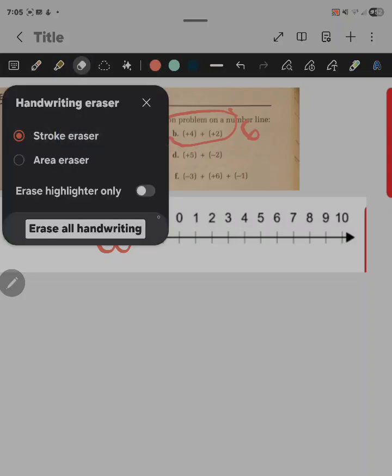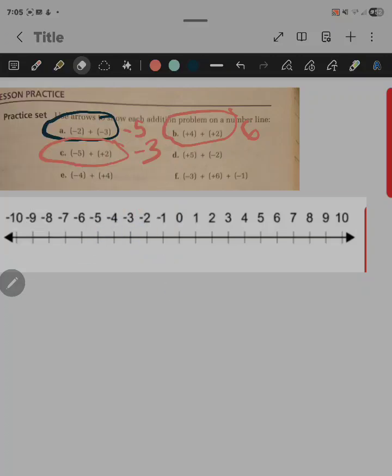Let's go ahead and go on to letter D. So we're going to start out at +5, and we're going to add -2. So again, whenever we add a negative, we move to the left. Okay, so we're going 1, 2 to the left, and we end up at +3.